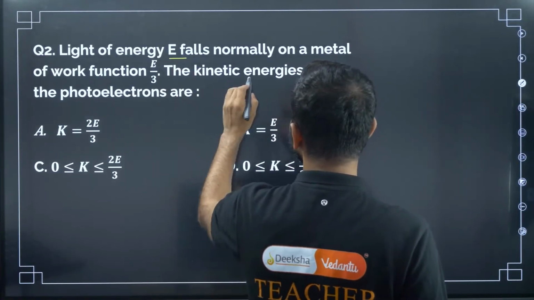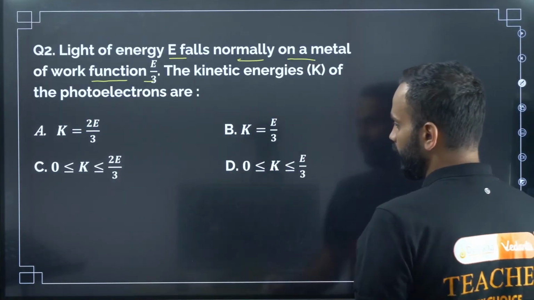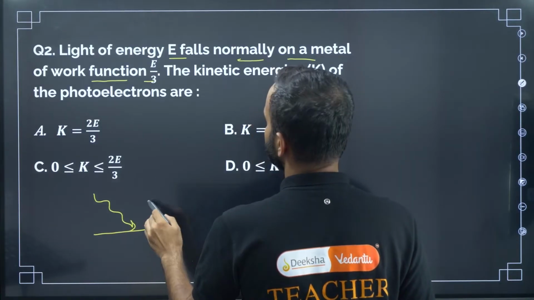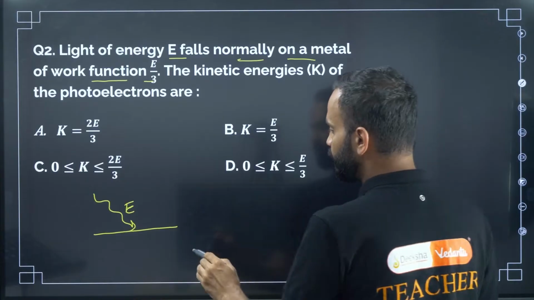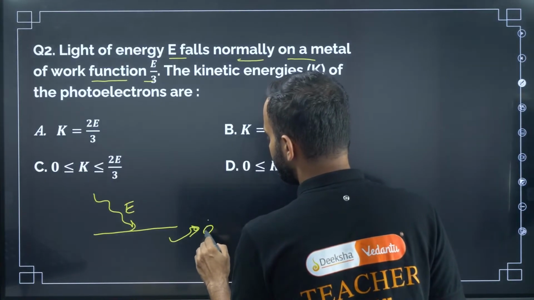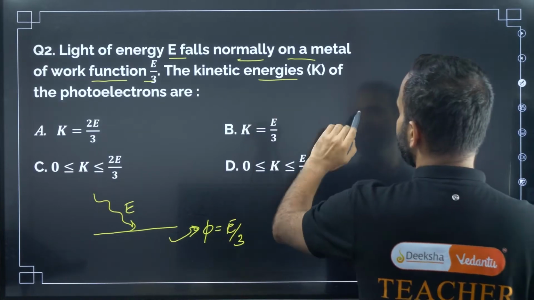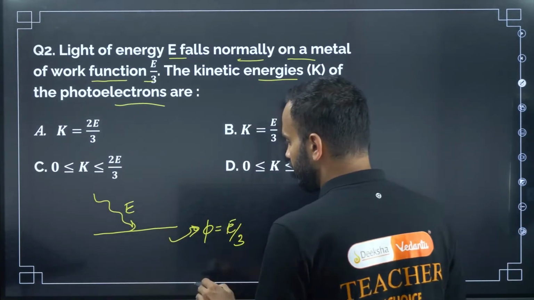Question number 2. Light of energy E falls normally on a metal of work function E by 3. Here this is the metal surface. The energy of the incident light is E, so the work function of the metal phi equals E divided by 3. The kinetic energy K of the photoelectrons is... We need to find the kinetic energy.